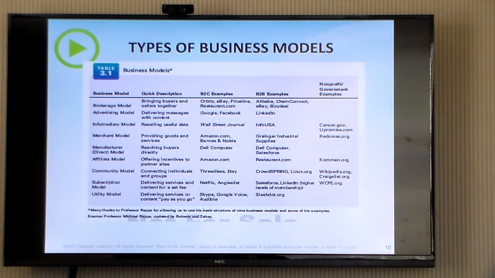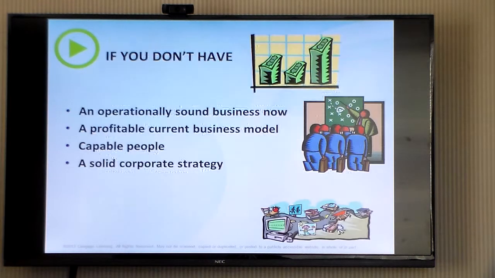My guess is that nobody in this class is going to be doing much other than a merchant model or a service model, basically just because of the fact that this is an intro-level college course. You're not going to have a subscription model. You're probably not going to have an affiliate model. You might have a community model like Facebook or Craigslist or Wikipedia. But these are different types of business models where if you're trying to define what you're doing, this is something that you can look at as well.